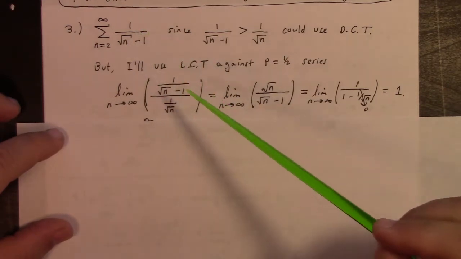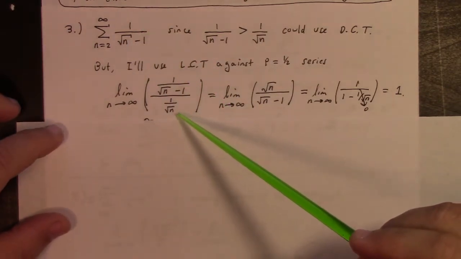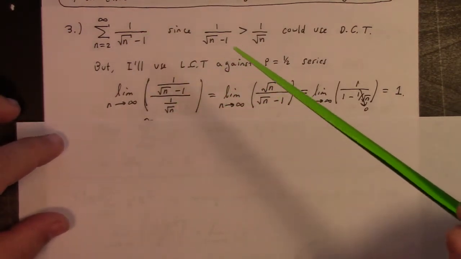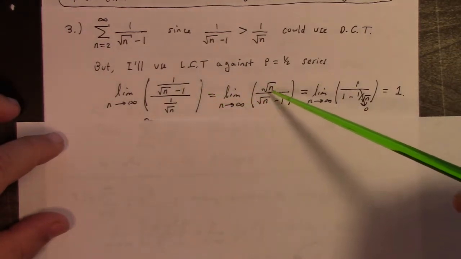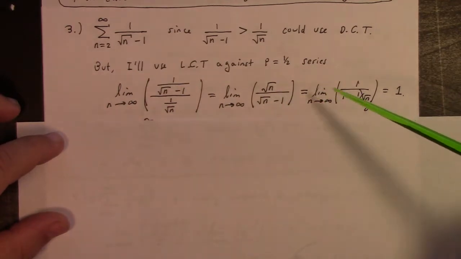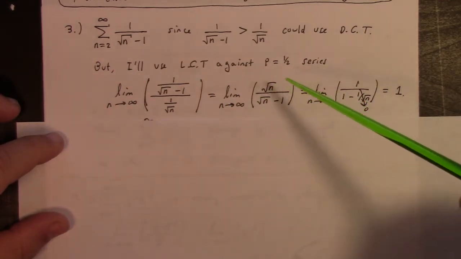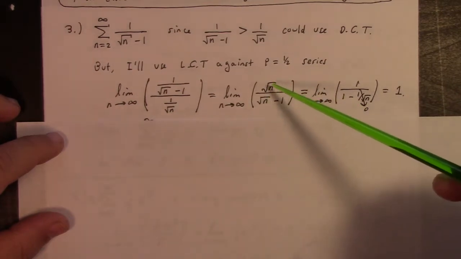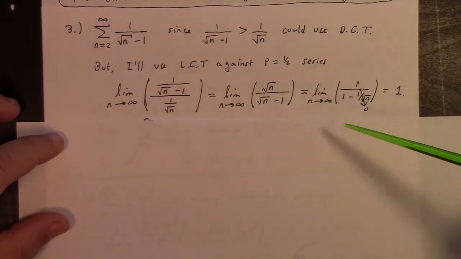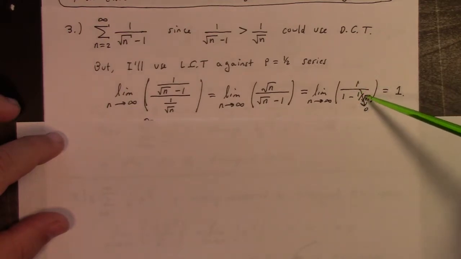Take the given term, divide by the compared series term, 1 over root n. Take the limit as n goes to infinity. What I do is multiply the top and bottom by the square root of n, which gives me this. Then I divide the numerator and denominator by the square root of n. That gives me this, but that of course goes to 0.